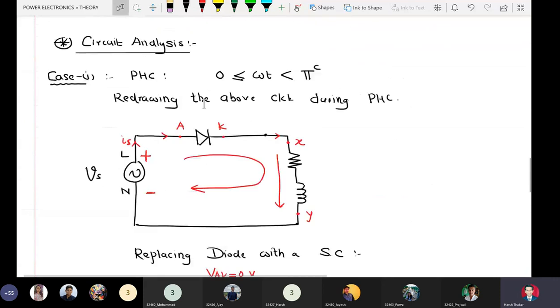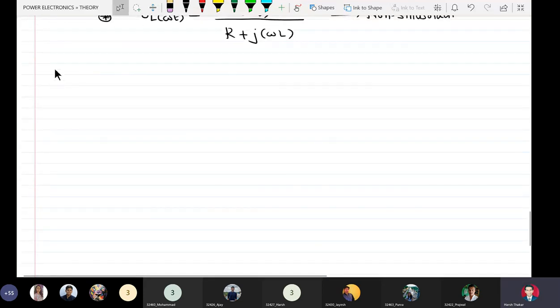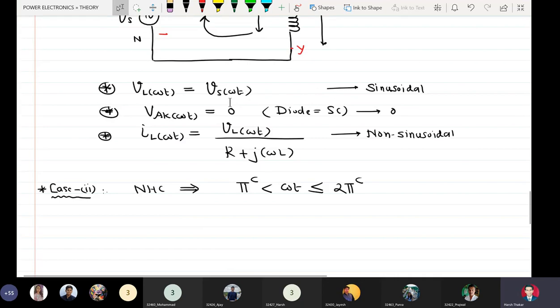Okay, now negative half cycle, case 2. Negative half cycle, omega t greater than pi radians, less than or equal to 2 pi radians.